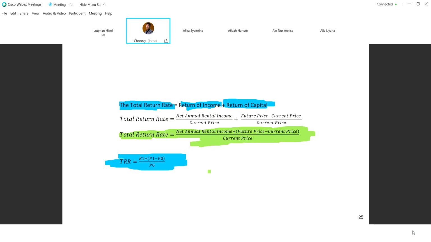But when people talk about total rate of return, you understand what it is. People talk about NPV. It's somewhat professional, right? NPV or net present value. You know what it is? People talk about rate of return. Okay, fine. Kena belajar. Total return rate, kena belajar juga. So at least you know. But the formula you can remember is the one that I highlight here, the green color. The short form is here.